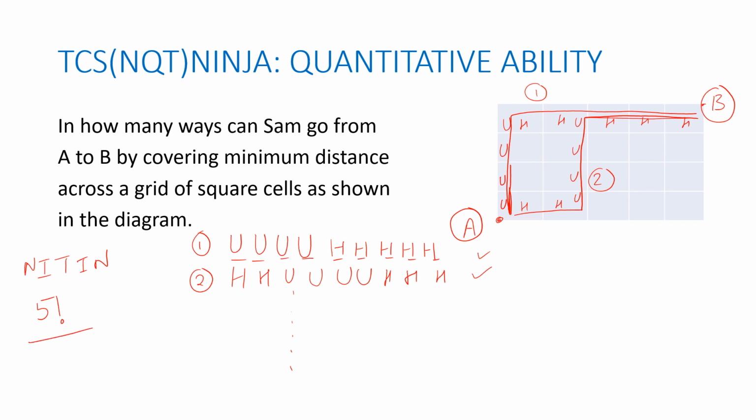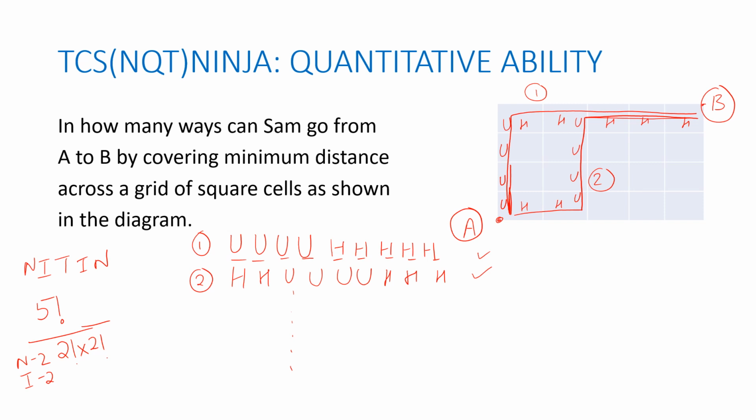But what is happening here? There are 2 N's which are repeating and 2 I's which are repeating. So you separately divide by 2 factorial and 2 factorial. This is how you would arrange the alphabets of the word Nitin.